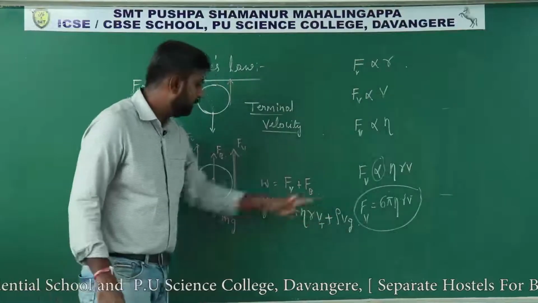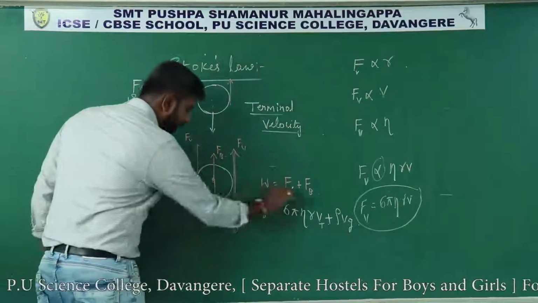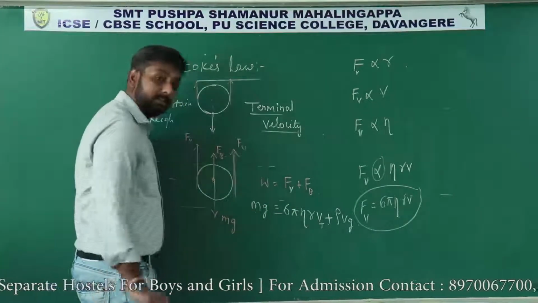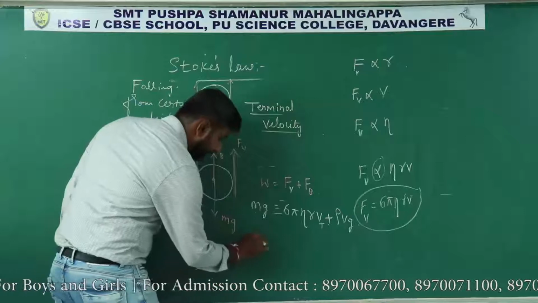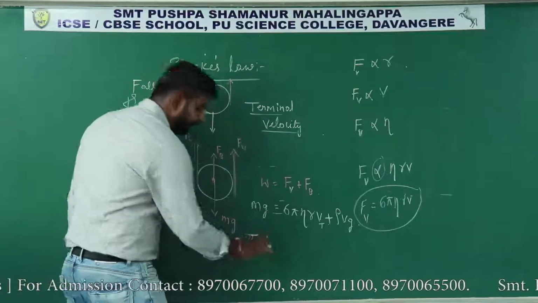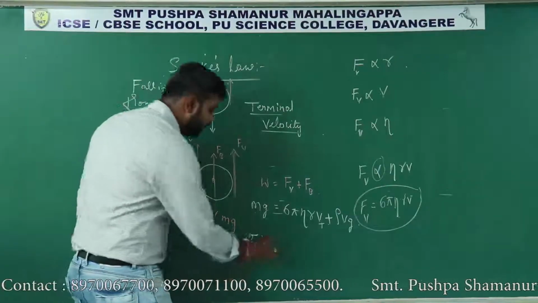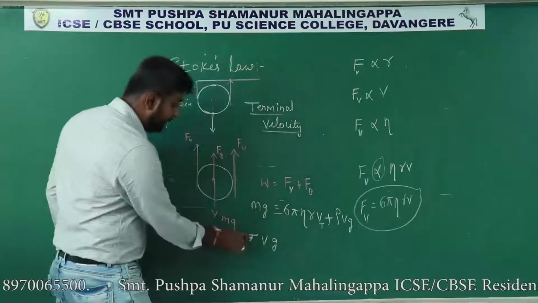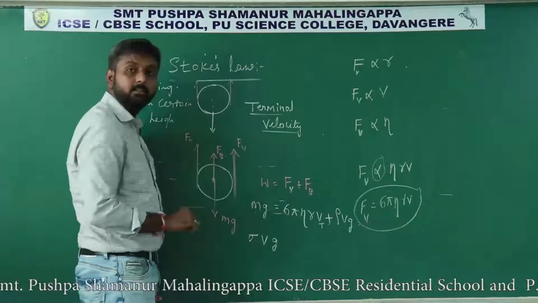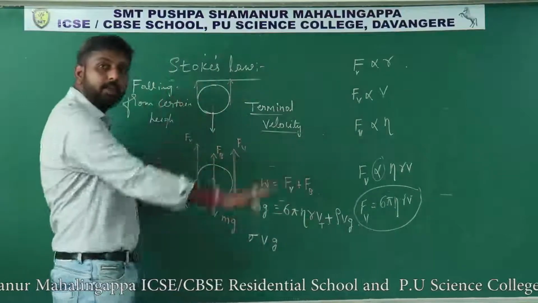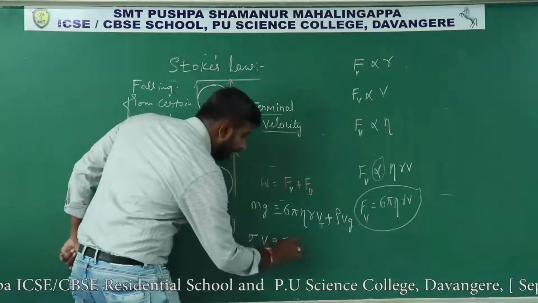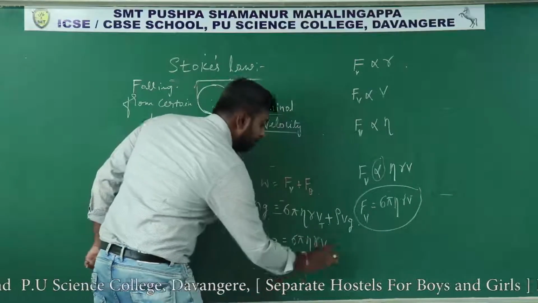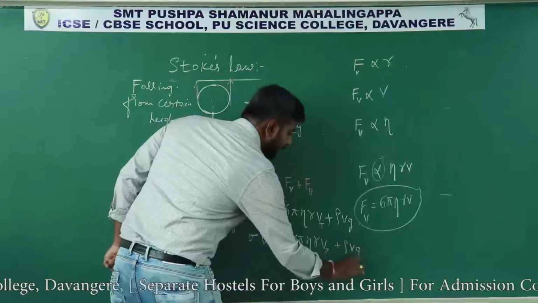Remember, where rho is the density of this fluid medium. And this mass, I can write it as sigma, density, into volume into g, where sigma is the density of this object. Rho is the density of the fluid. This should be equal to 6 pi eta r v plus rho v g.